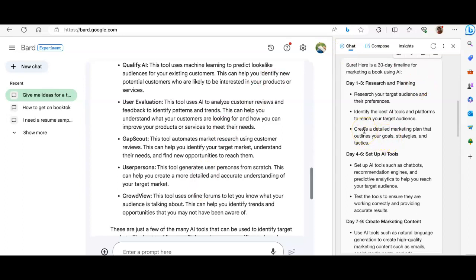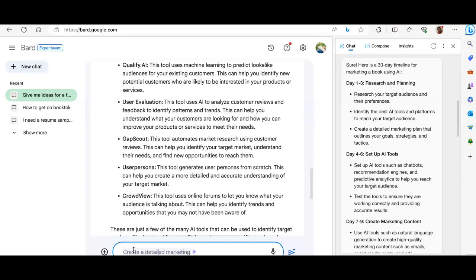I'm just speeding it up for purposes of this video, but now it's day 3, and now we're going to create a detailed marketing plan that outlines our goals, our strategies, and our tactics. Okay, so at that point, this is where, let's say I don't know the first thing about a detailed marketing plan. No problem. So you're going to ask chat to create a detailed marketing plan.